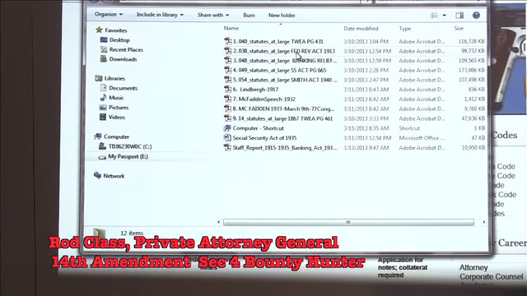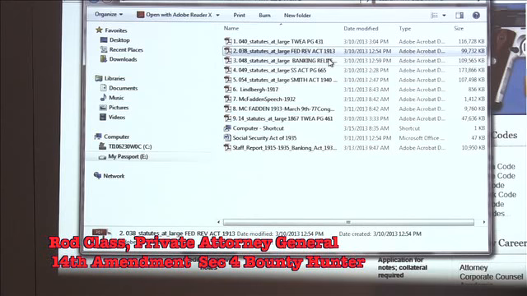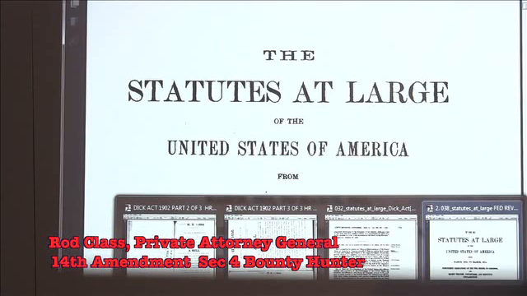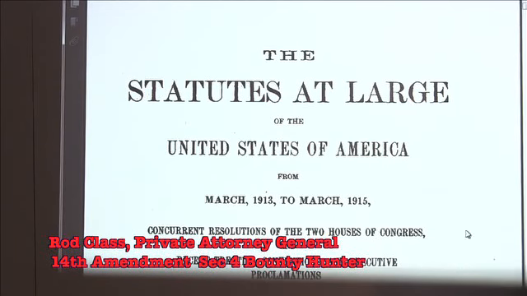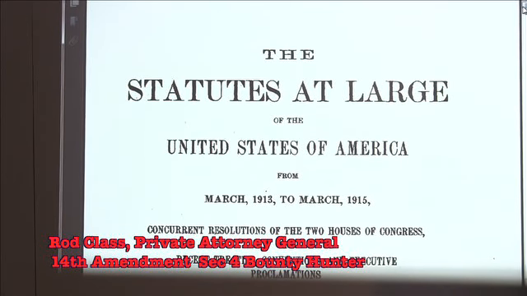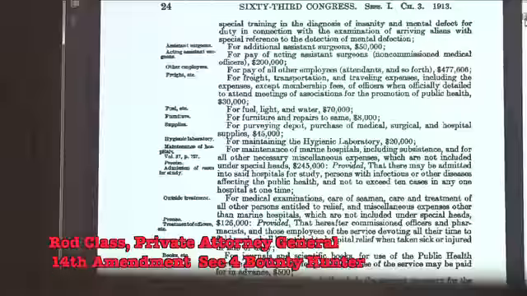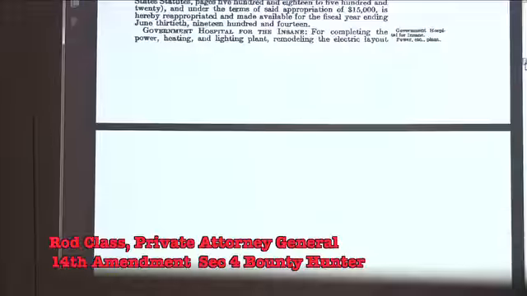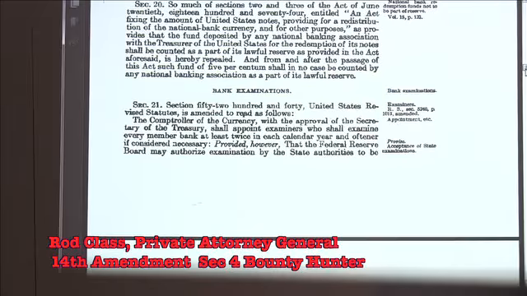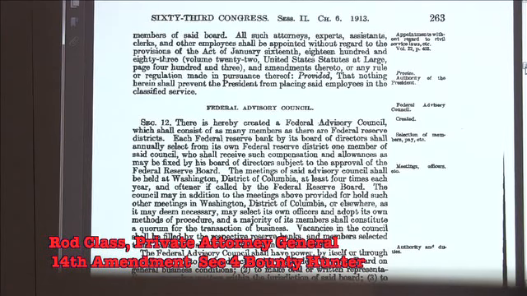Federal Reserve Act. Because this is where the color of law comes in. This is where the difference comes in, why they do not want us to bring these books into the courtroom. Because these represent the real law.